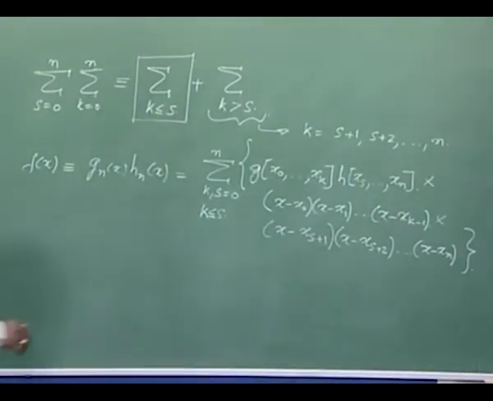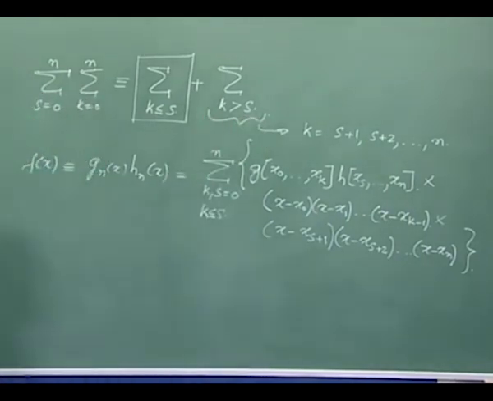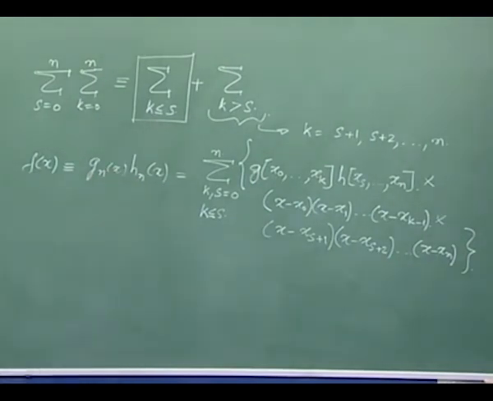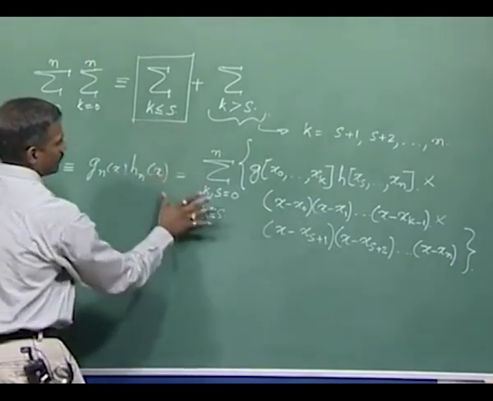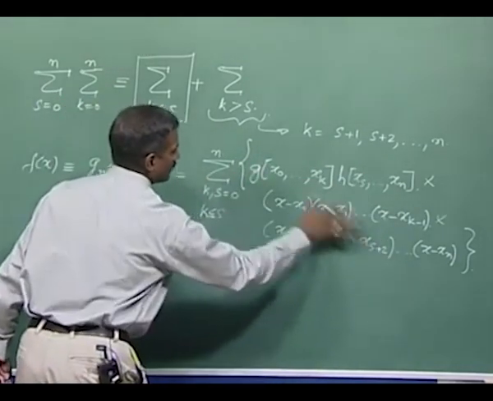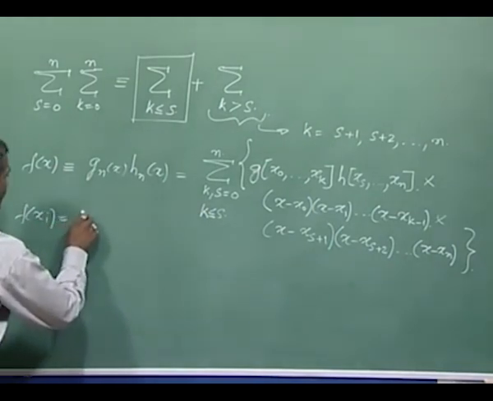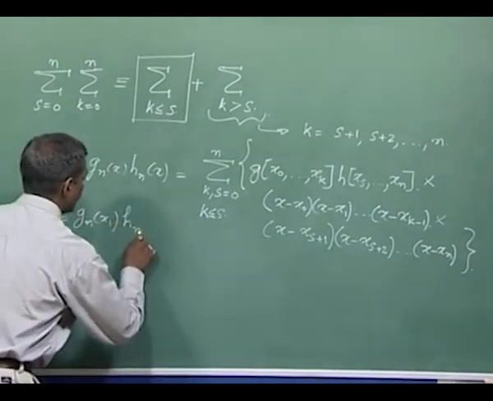Now, since this part in the summation does not contribute to this result, what it implies is that it has to be this part, or rather this expression here on the right hand side, that would contribute to f(xi) equals g_n(xi) times h_n(xi).